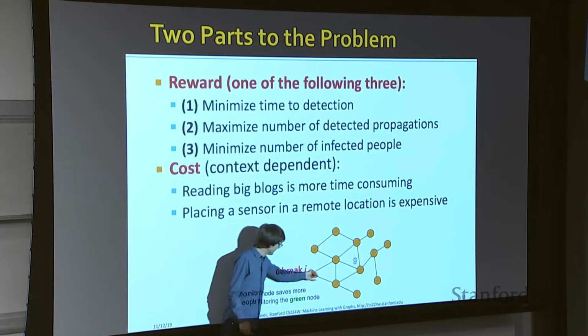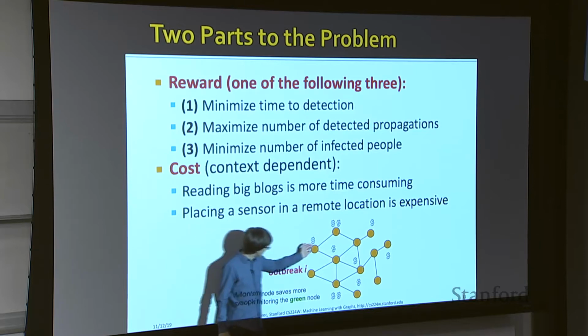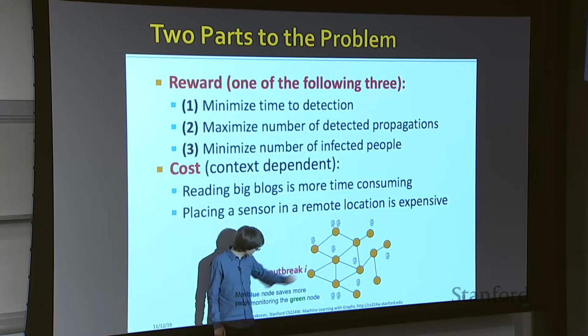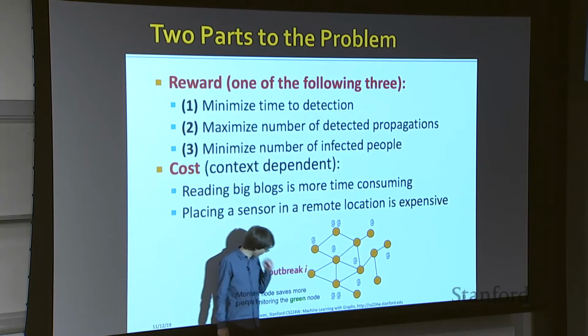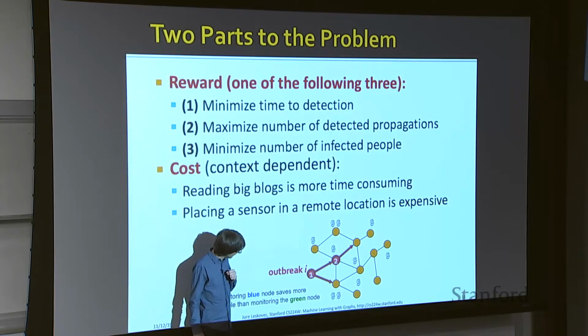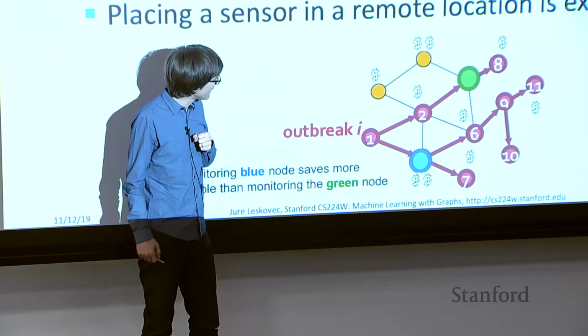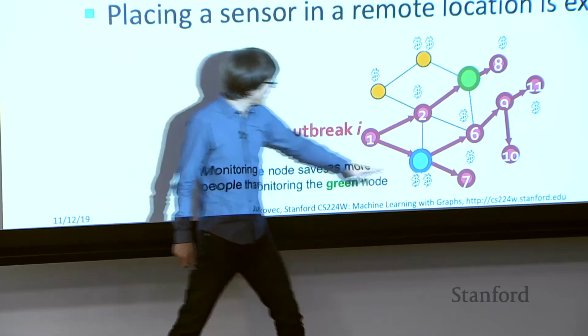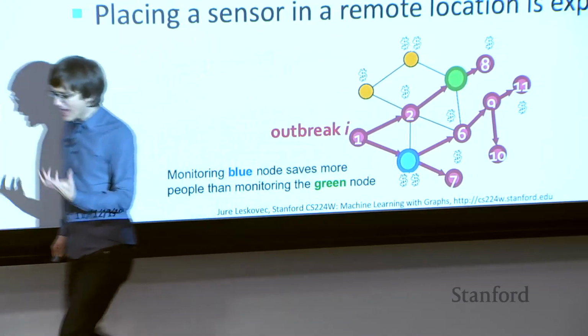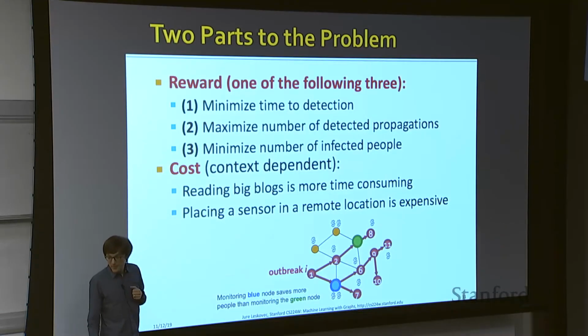We will have information about the cost of all the nodes in the network. So this is the cost of placing a sensor. We'll be given an outbreak that spreads throughout the network in some way. And the question will be, where do I want to place my sensors to detect this outbreak as quickly as possible?